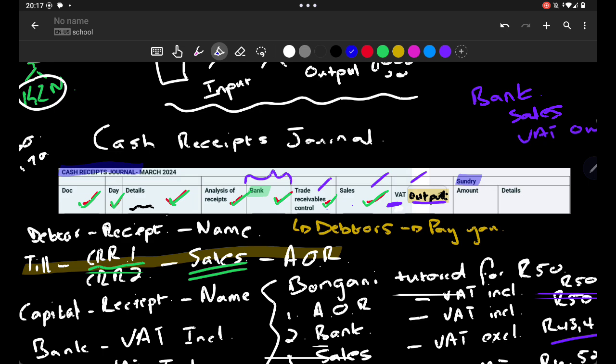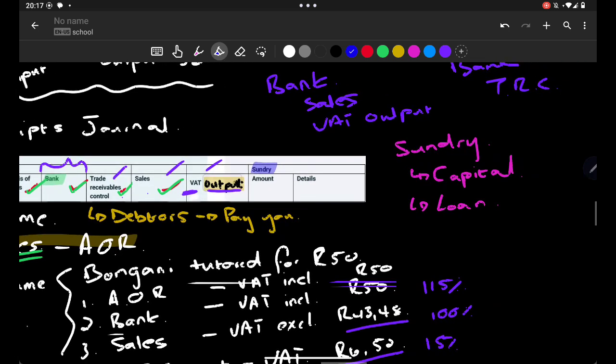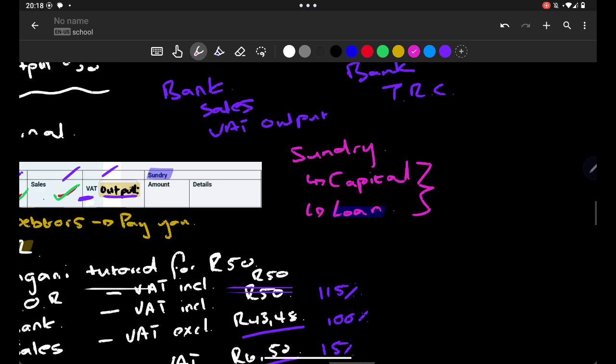Then I start paying. So we're not concerned with the paying part, we're just concerned with the lump sum that comes in at the beginning. Hence, the loan comes as part of the cash receipts journal, as sundry, right? As its own thing. And that also goes into details like that. Both of these are VAT inclusive.